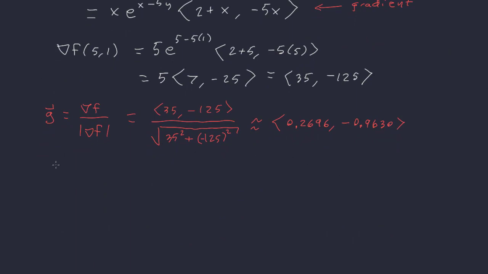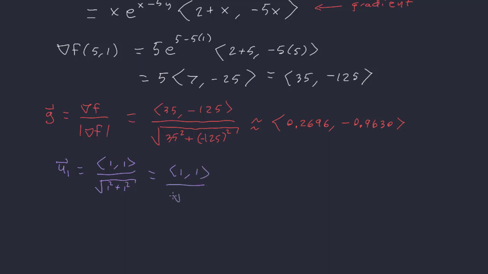Okay, so let's call u1. That's going to be the vector in the direction of 1, 1. So it will be the vector 1, 1 divided by the magnitude of 1, 1, which is the square root of 1 squared plus 1 squared.